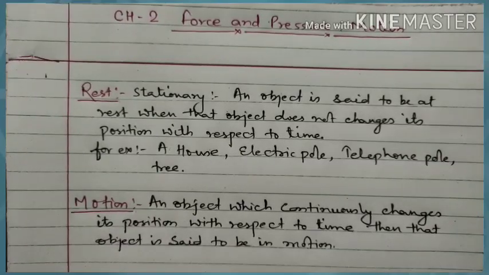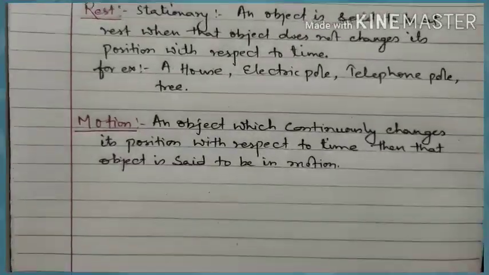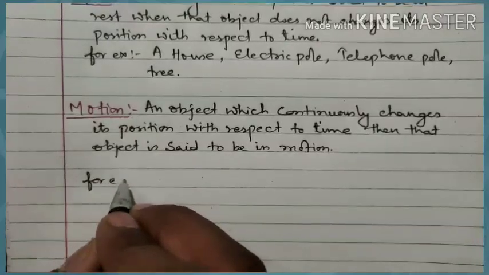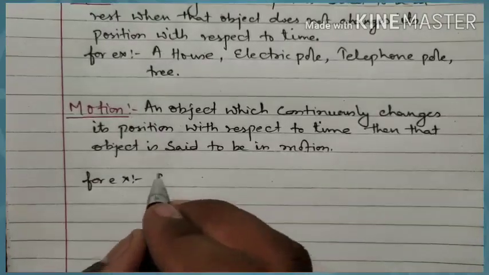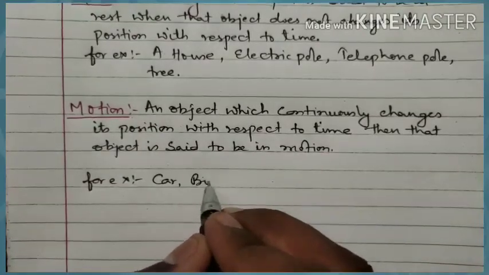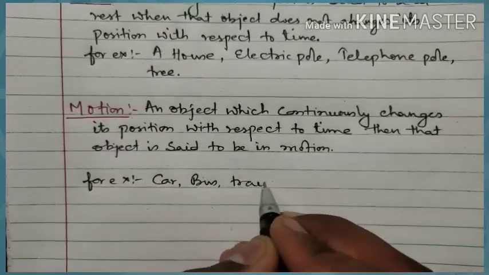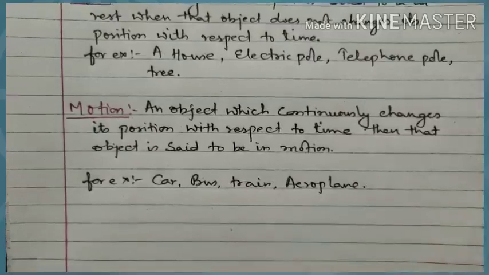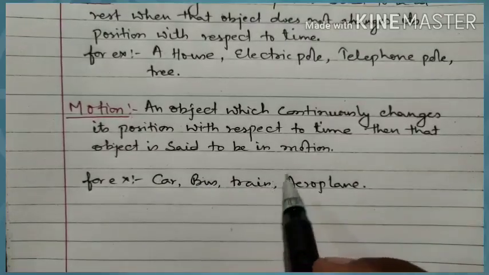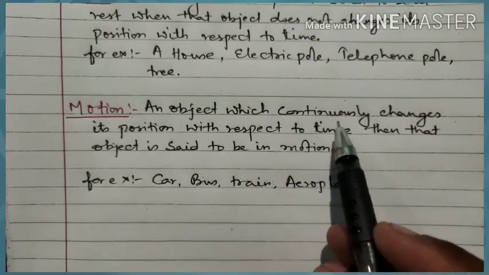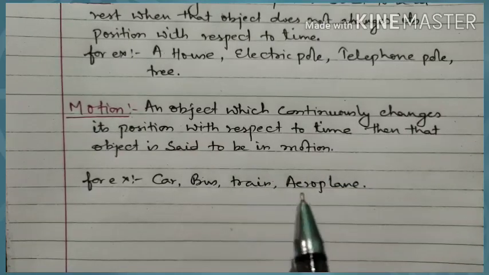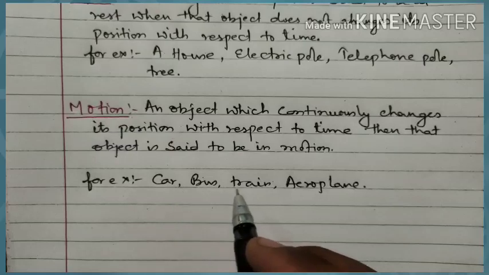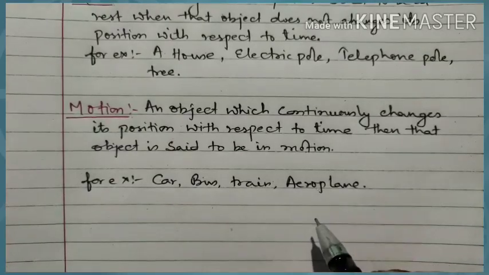Let us see some examples. For example, car, bus, train, aeroplane. These are those objects which continuously change their position with respect to time. That's why these objects are said to be in motion.